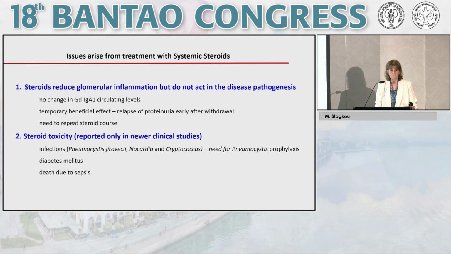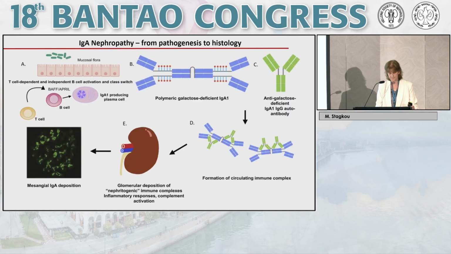And also, patients end up needing repeated steroid treatments. The other issue is steroid toxicity, as we said, because of lots of infections, diabetes mellitus, and some trials reported deaths due to sepsis.